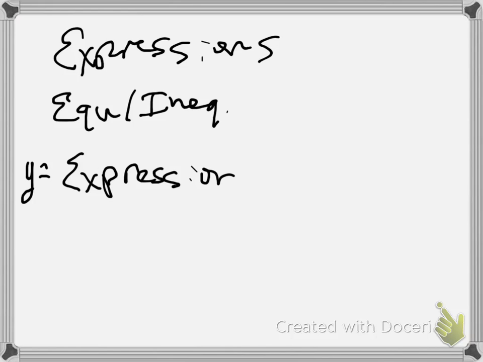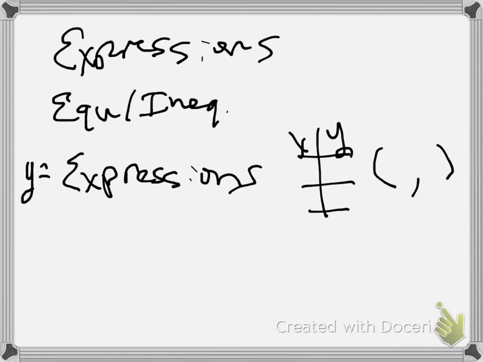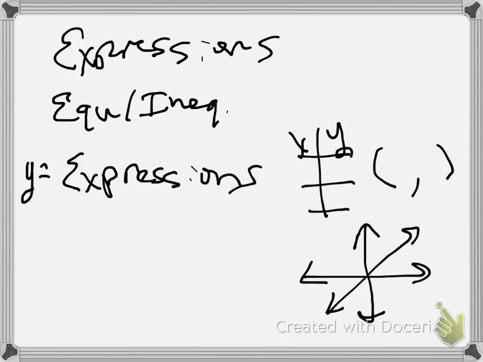If you're going to plug in lots of different values, you're going to have to organize your values using a t-chart, and that t-chart will get you some ordered pairs, and those ordered pairs will ultimately lead to a graph. And that graph can be analyzed and described by the slope.